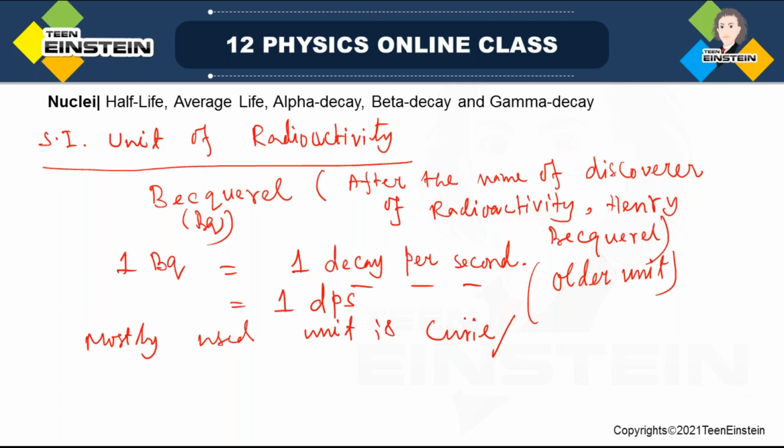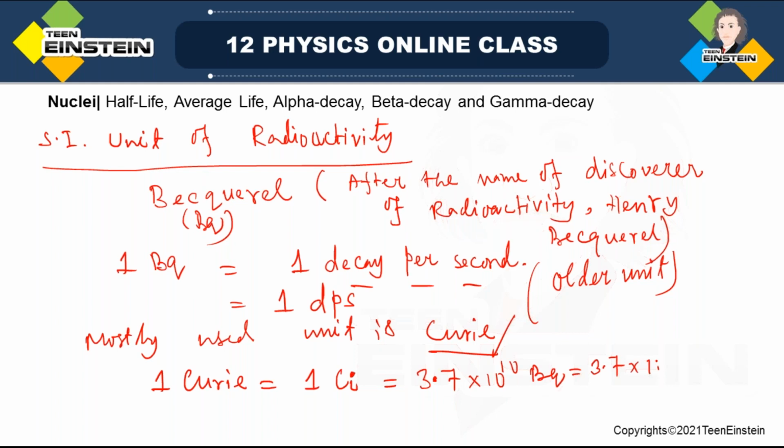You know the Nobel winners Madame Curie and Pierre Curie. 1 Curie, in short written as Ci, means 3.7 into 10 to the power 10 Bq, or 3.7 into 10 to the power 10 DPS.